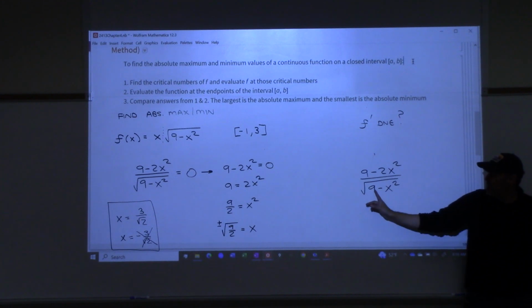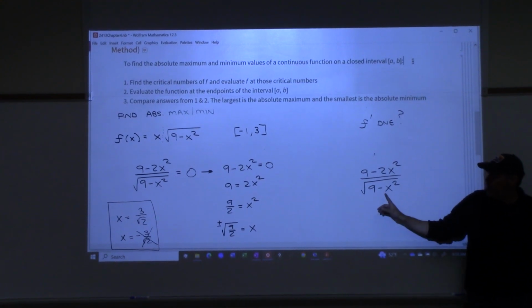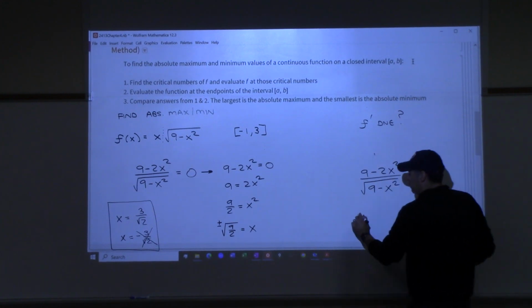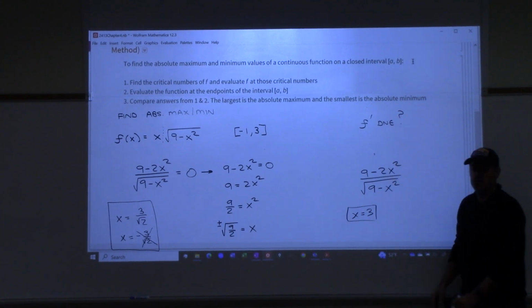It can't be 0 because if it's 0, I'm dividing by 0, and it can't be negative under here or else I'm trying to take the square root of a negative number, which I can't. So can you all think of what would make this 0? 3 or negative 3, right? 3 or negative 3 would make that 0. Is 3 or negative 3 in our domain? Yeah, 3 is in our domain, right? So 3 is a critical number so far.